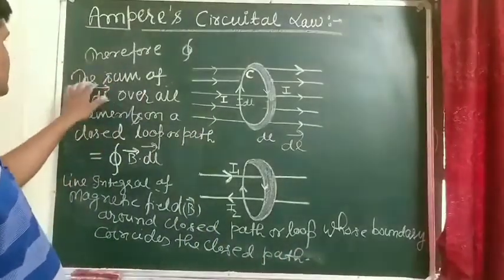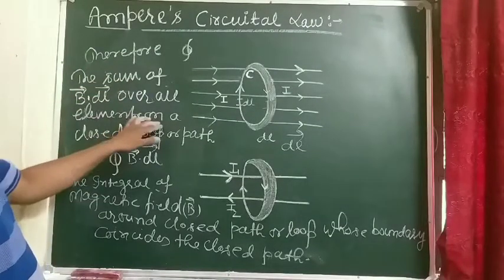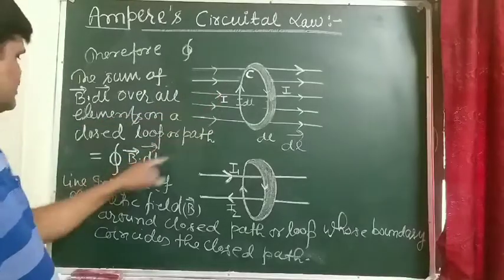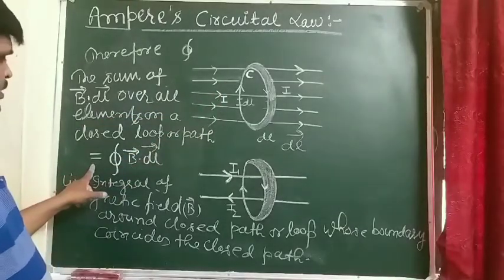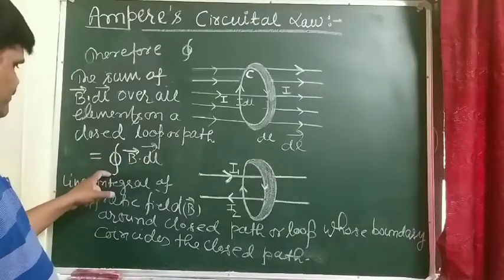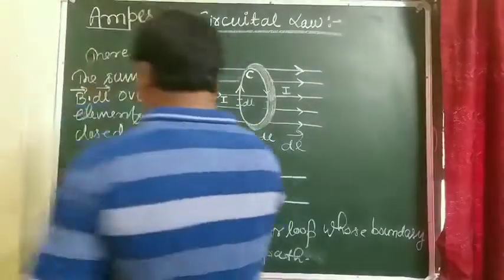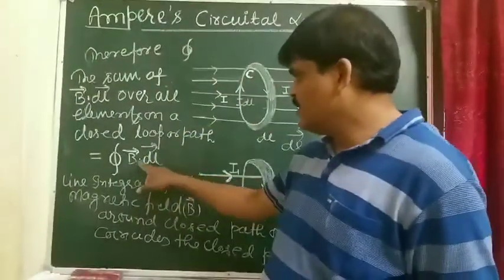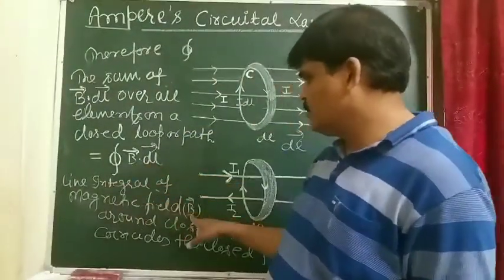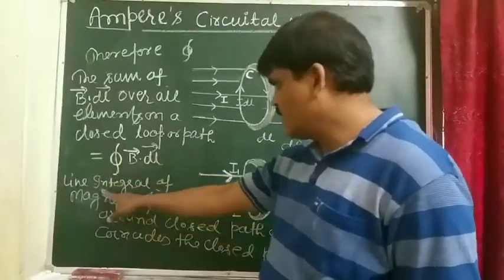So the sum of vector B dot dl over all small elements on a closed loop or path is written as the closed-path integral of B dot dl, and students, listen carefully, it can be read as the line integral of magnetic field B around a closed path.